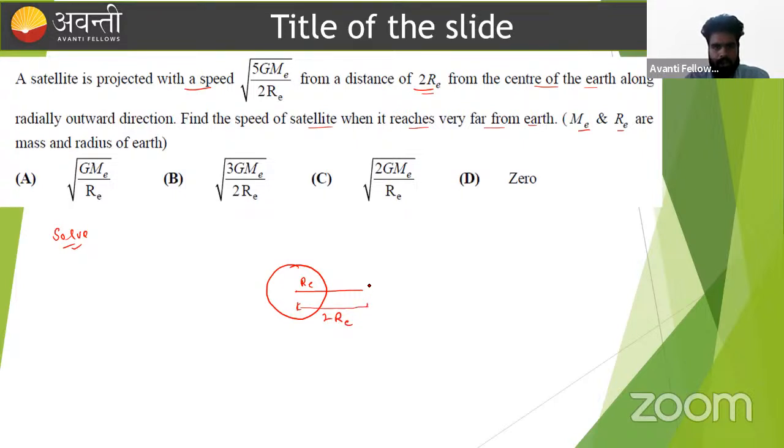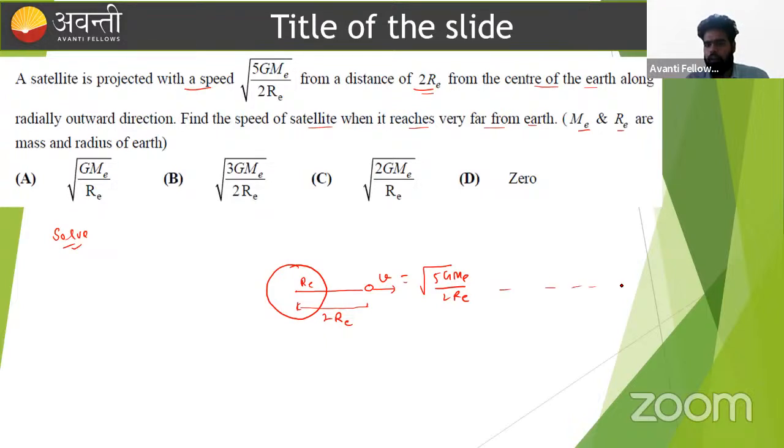Here we project the satellite radially outward. This is the velocity given to the satellite, under root 5 GME upon 2 RE. And the question asks for the speed of the satellite when it reaches very far from the Earth.